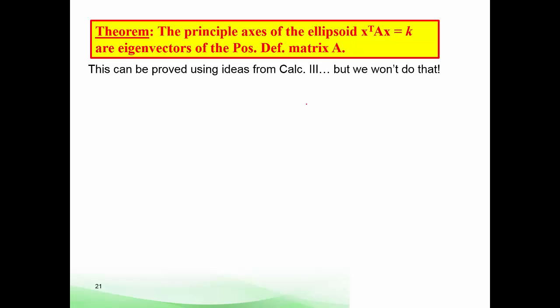You bet, they are. And here's the theorem. The principal axes of the ellipsoid, defined this way through this positive definite quadratic form set equal to some positive number k, k has to be greater than 0, I guess I didn't say that earlier, are eigenvectors of the positive definite matrix A.